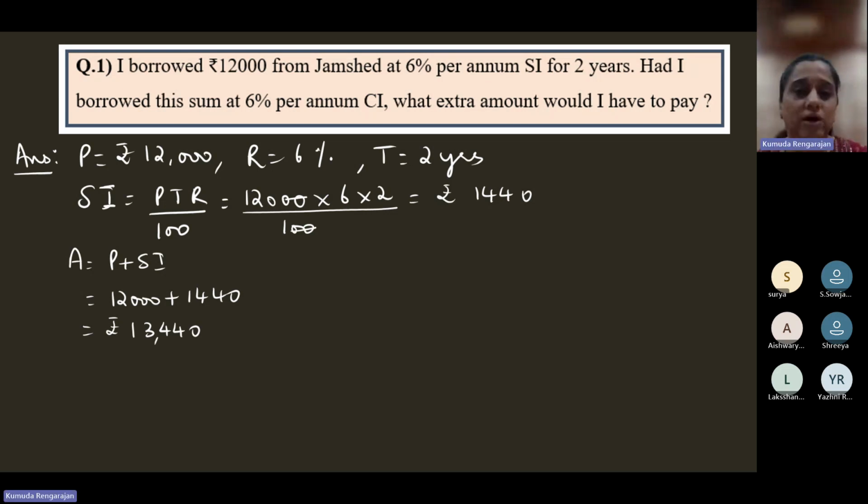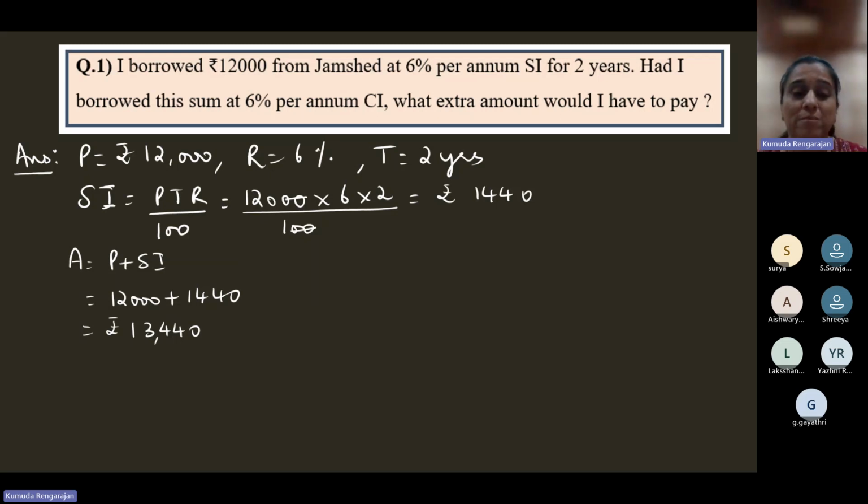So if 12,000 is borrowed for 2 years at 6% per annum simple interest, then the money to be returned at the end of 2 years is 13,440: the principal value of 12,000 plus the interest of 1,440 for 2 years.